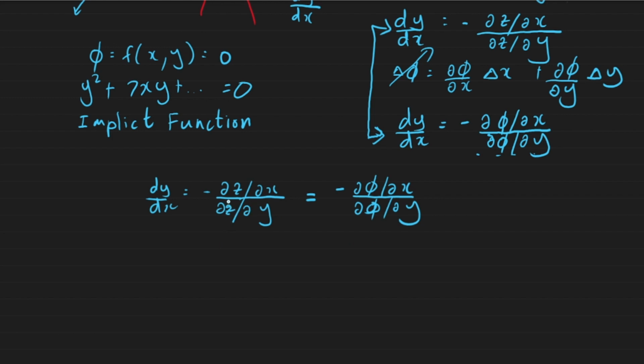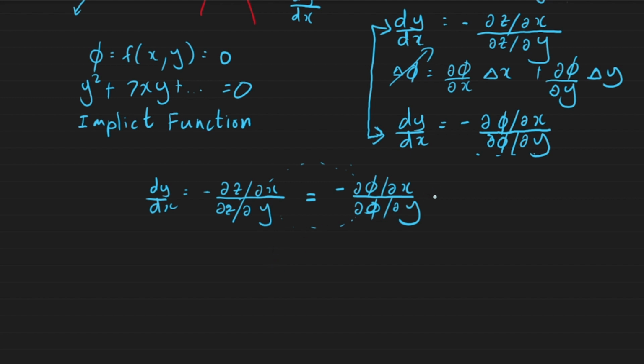Looking at this equation, the numerator of one side has to equal the numerator of the other side, and the denominator of one side has to equal the denominator of the other side. But not only equal, they can be multiples of each other.